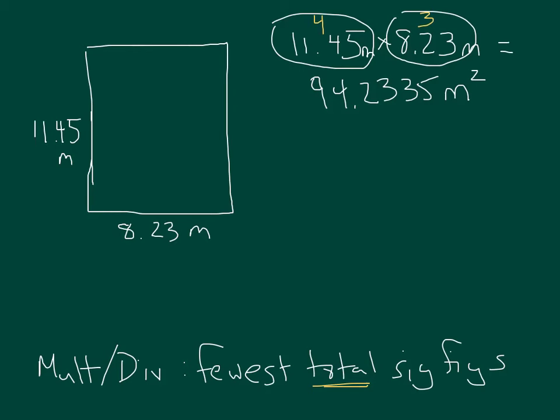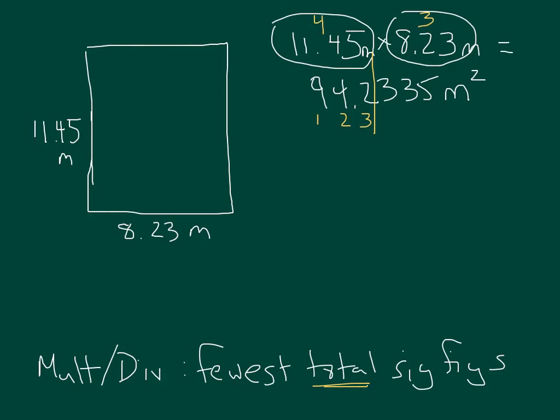So here's how we do it. We count 3 sig figs, and we're always going to count from the left since that's where the number starts. So we count 1, 2, 3. And what I like to do, just to help myself out, is to draw a line after the sig fig that I know will cut off the number. So let me back up.